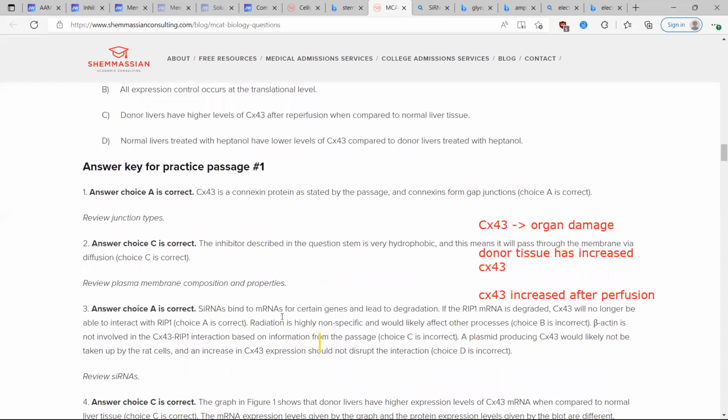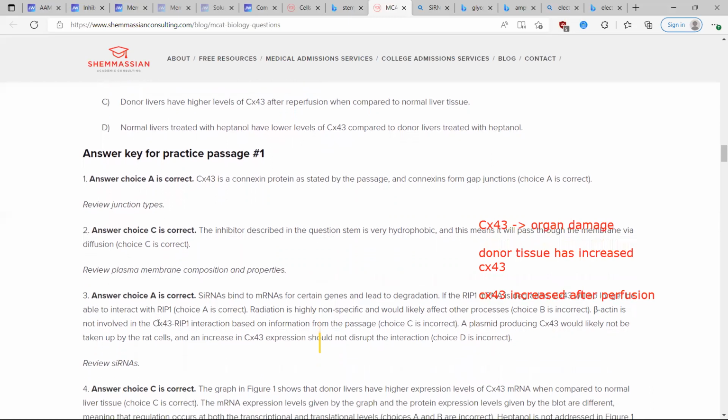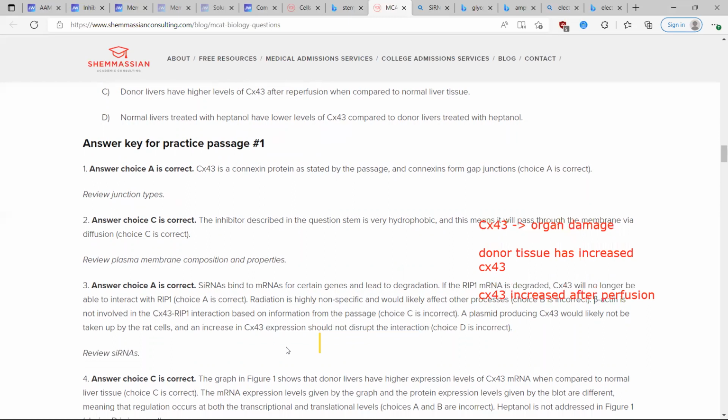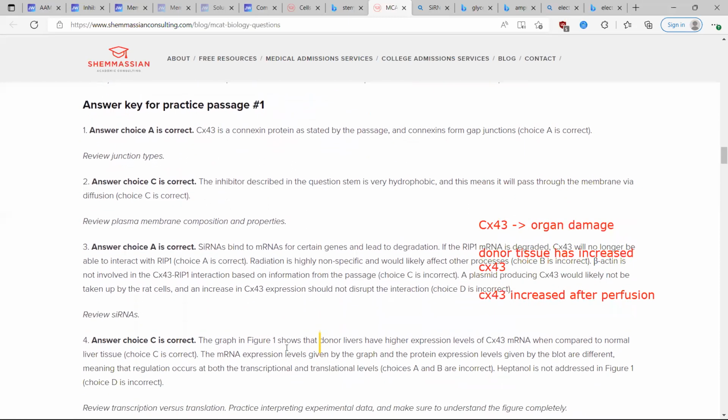Answer choice A is correct. siRNAs bind to mRNAs for certain genes and lead to degradation. If the RIP1 mRNA is degraded, CX43 will no longer be able to interact with RIP1, right? So we talked about how the other ones don't make sense. The increase in CX expression should not disrupt the interaction, right? It would increase it. Answer choice C is correct.